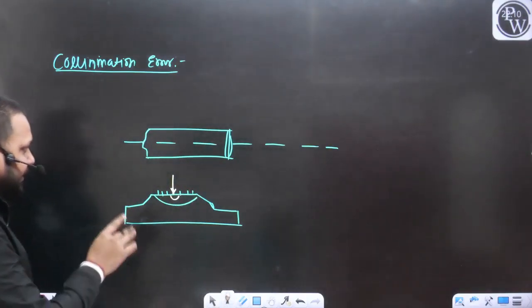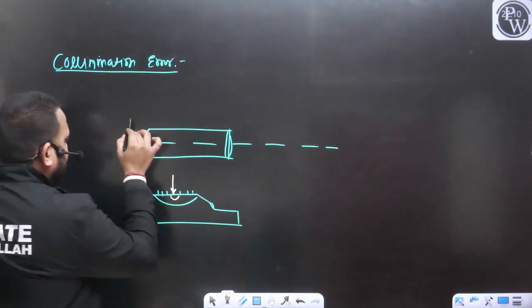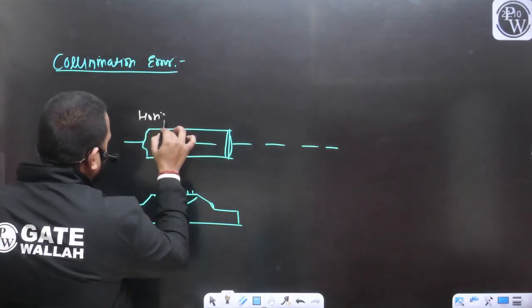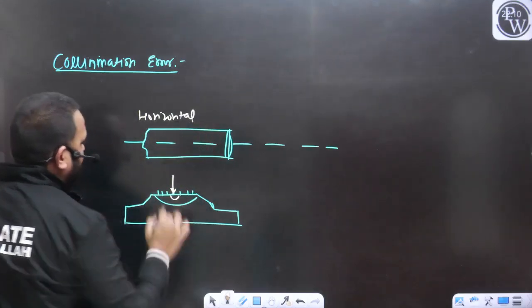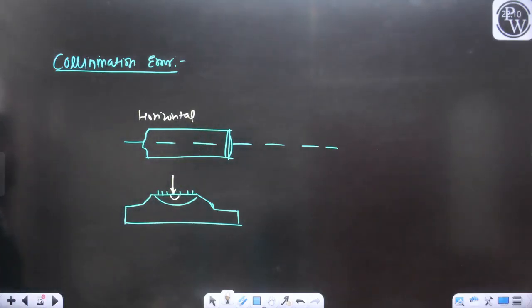So we can say, yes sir, now this line of collimation is perfectly horizontal, or now this line of sight is perfectly horizontal, yes or no? The bubble should be at the center.